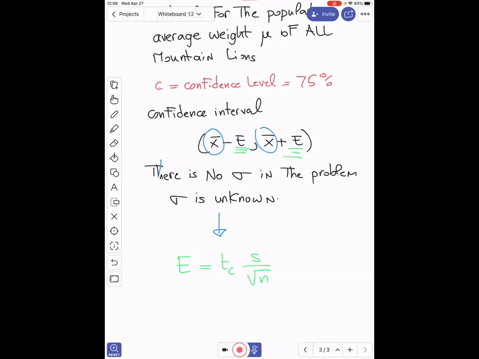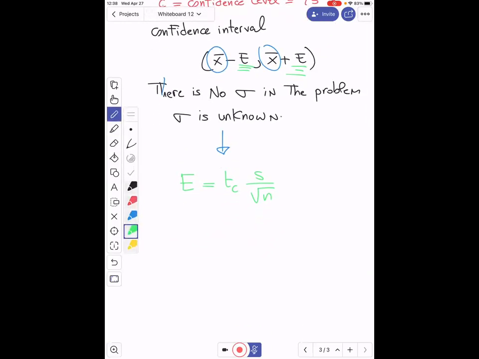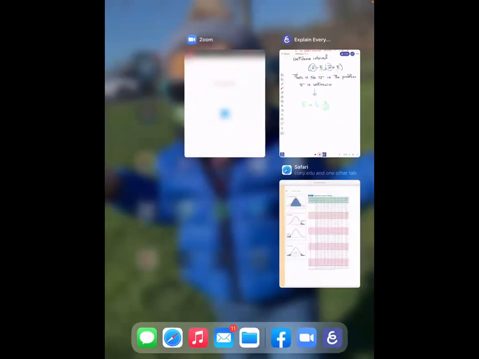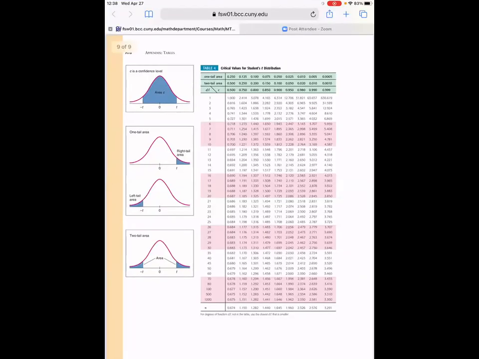Okay, I see number 70, but there's no 75. Let me see, unless we're supposed to go where it says on the top, one tail. No. Or is it still table 3 on the bottom? Oh, well, there is 75.